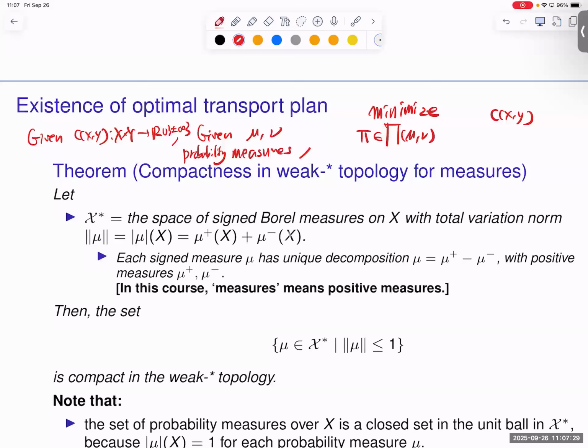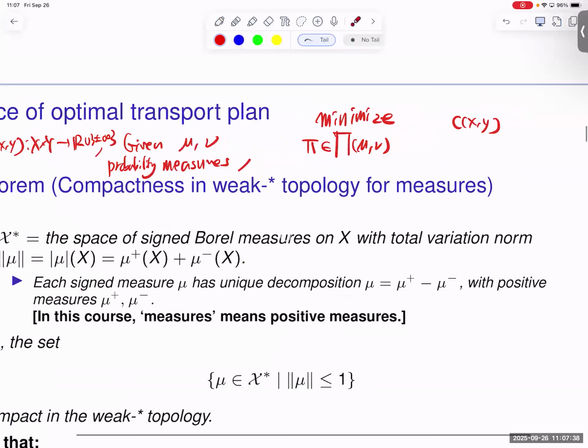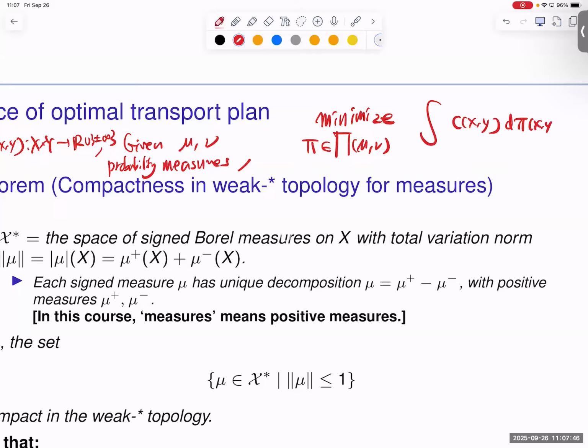So we are given the transportation cost function and the marginals mu and nu, and now we can fully write down the Monge-Kantorovich problem: minimization, among all these transport plans, of the total cost, which is given by the integration of this cost function with respect to the transport plan pi over this product space X times Y.